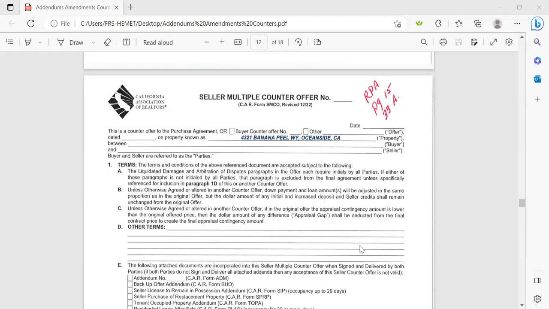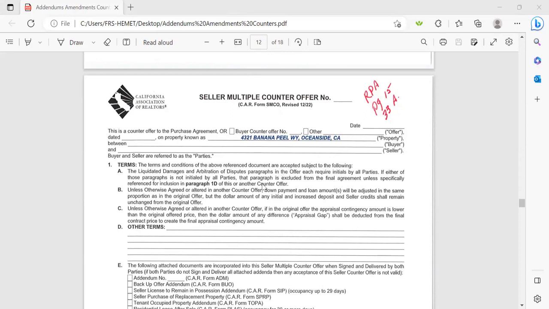Your terms can be, I would accept theirs if I got a little higher price, but I would accept this one if they would give me a little longer to stay in the house, or whatever the case may be. You can counter those. It does not have to be the same counter, doesn't have to come out to equal. You don't have to do a net sheet in your mind to come up with who's going to get exactly to the penny the same. They don't have to be any of those things, but you can counter offer just a couple. But if you counter offer more than one, then you have to supply one of these seller multiple counter offers.